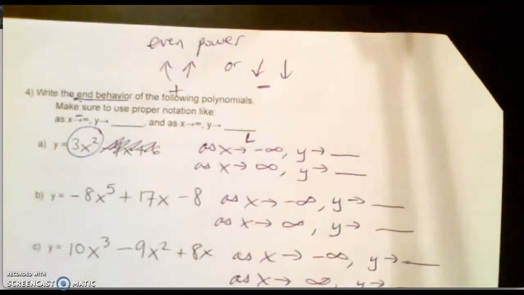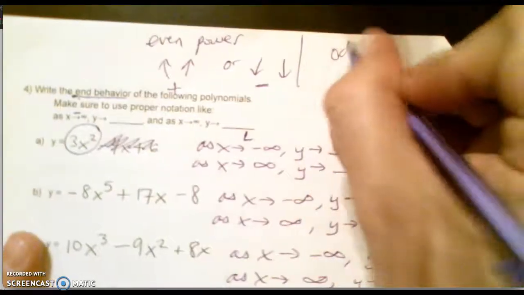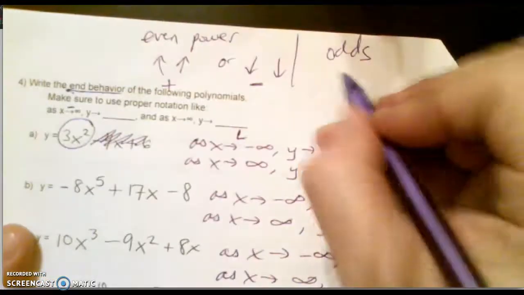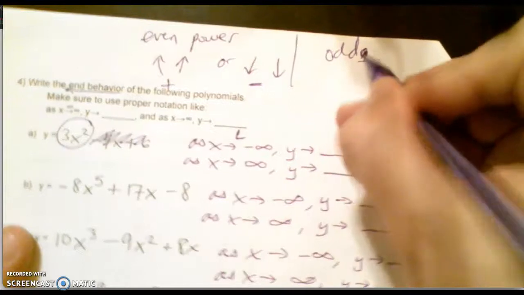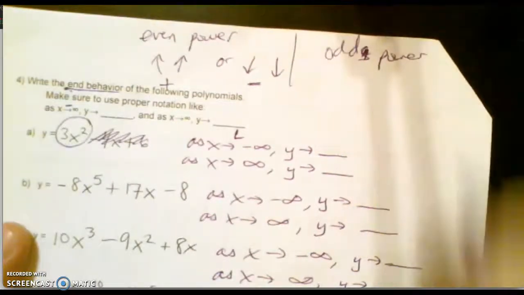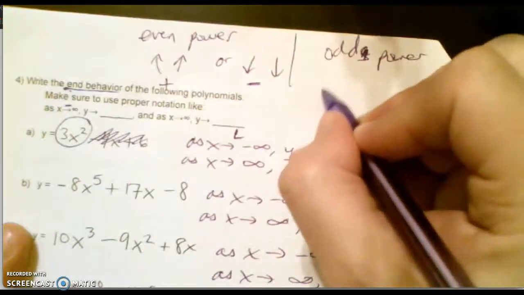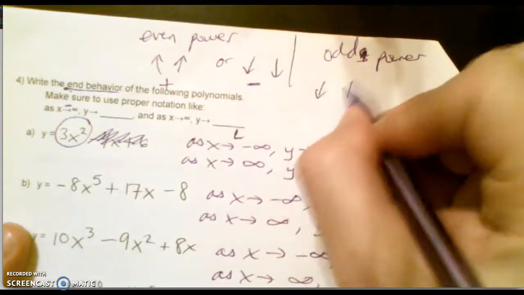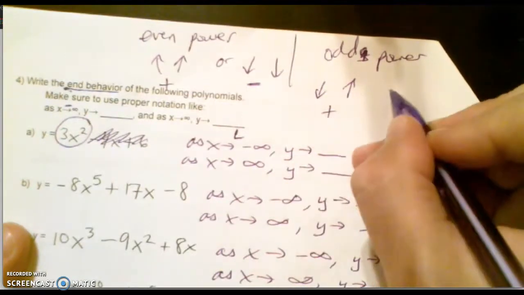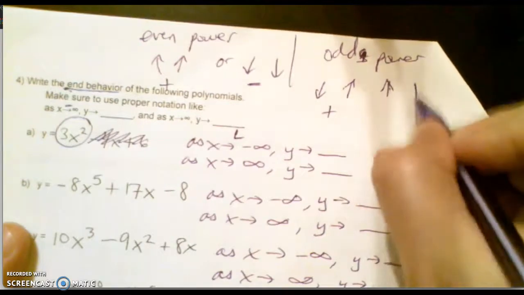If it's positive, it looks like this. If it's negative, it looks like that. And then odd power either looks like this if it's positive, or this if it's negative.